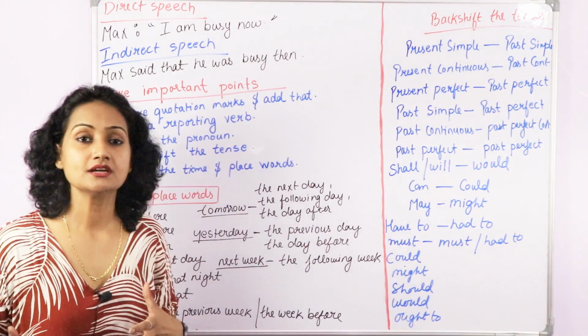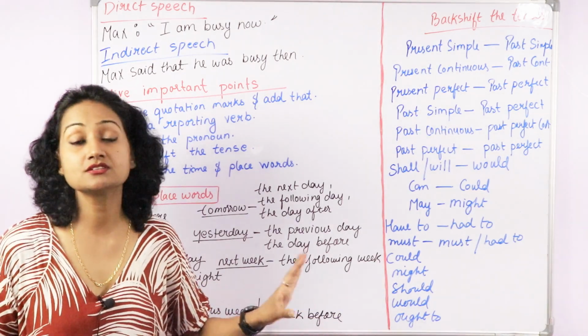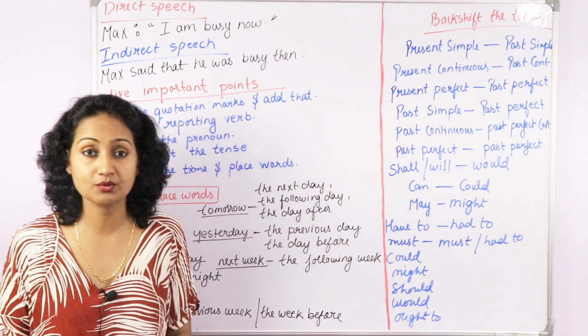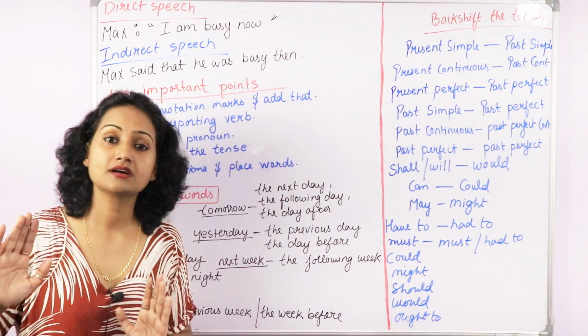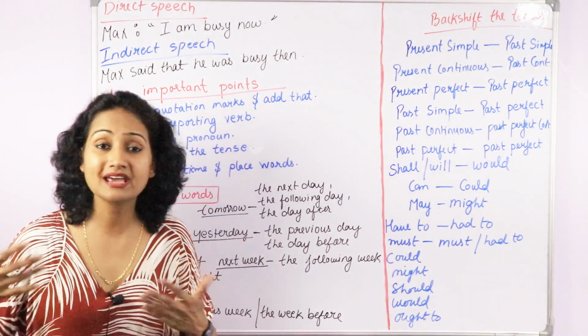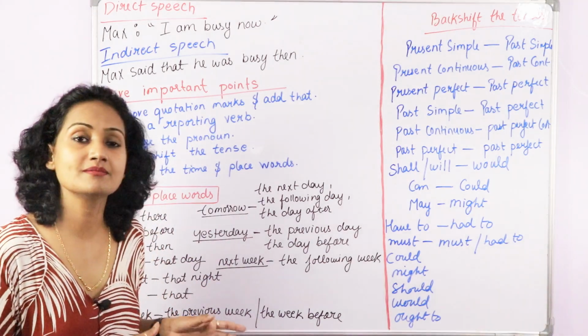And why do we change it? Why do we backshift the tense? Because just imagine that today Max says, "I am busy right now." Present. And after some time, maybe few hours or few days, you tell it to someone that this is what Max said.